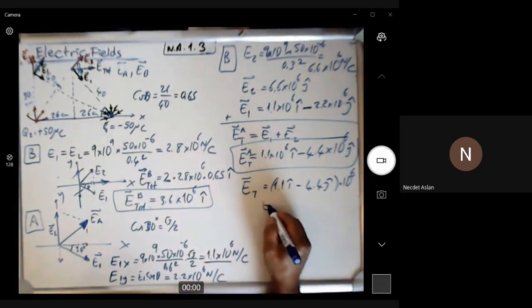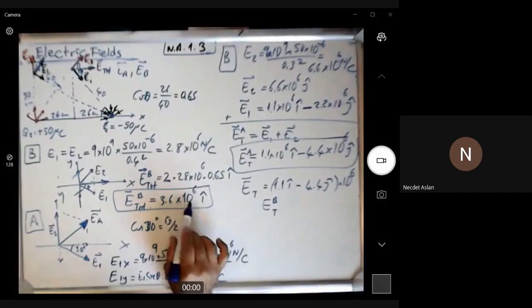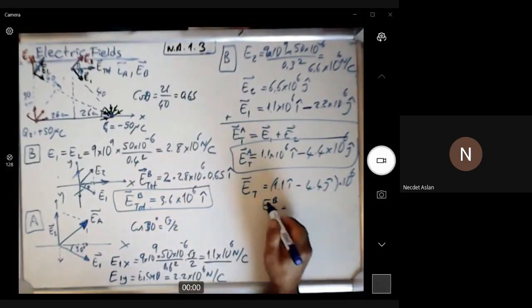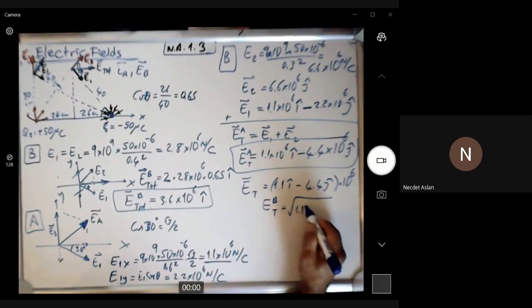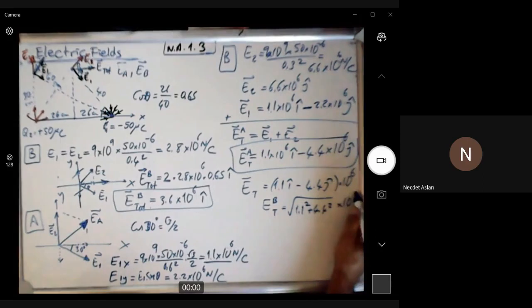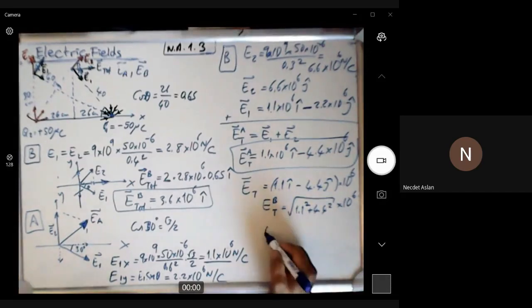Now, what is the magnitude of this E total? Here it was very simple because we know the direction and the magnitude is exactly the same. But for this one, to get the magnitude without the vector sign, as you see, when I don't put the vector sign, it means it's the magnitude. You have to take the square root of 1.1 squared plus 4.4 squared, still times 10 to the 6.